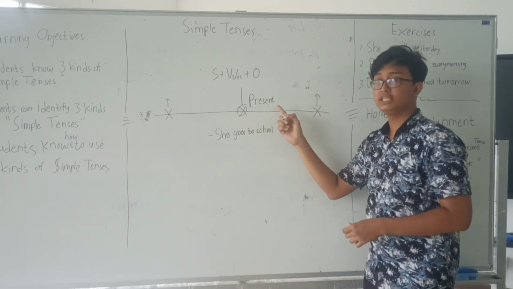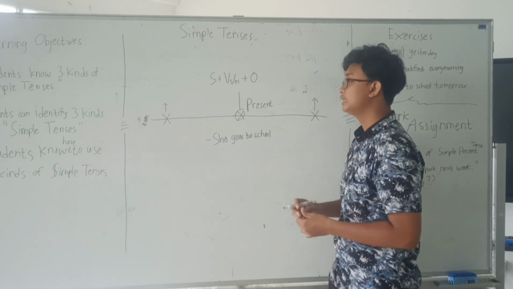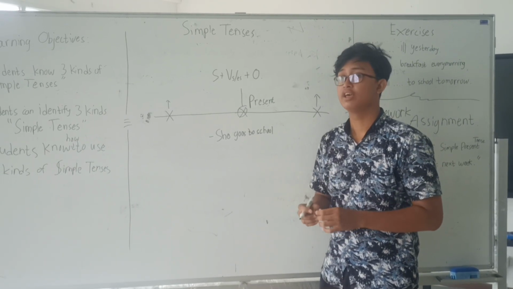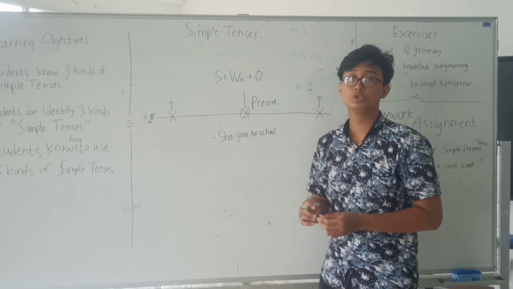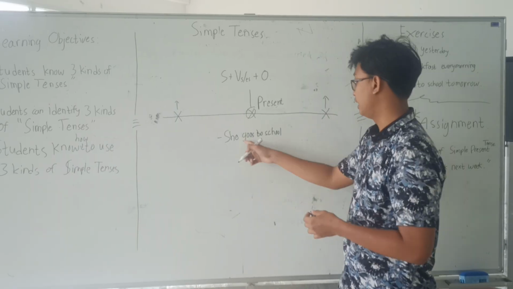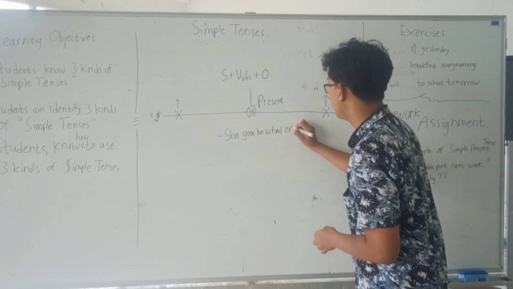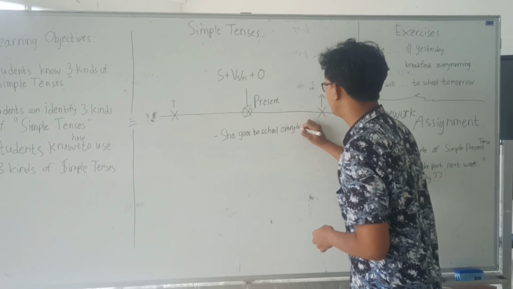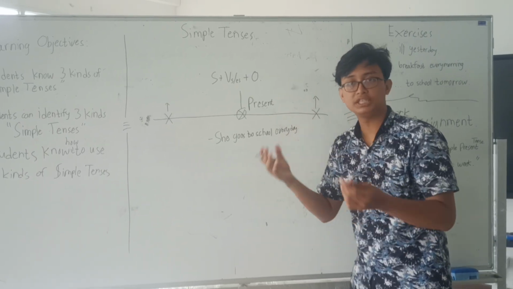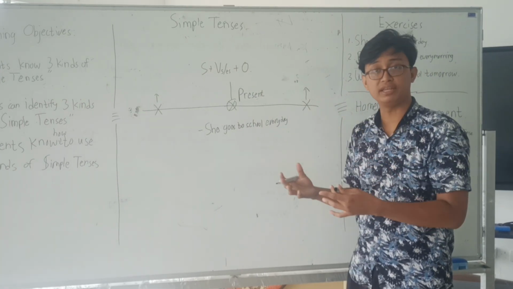Now, in this present simple tense, usually the sentences are talking about a habit, or the things we usually do, or a true fact. Look at the example: she goes to school. We add every day, so it adds the information that she goes to school every day, like a habit.